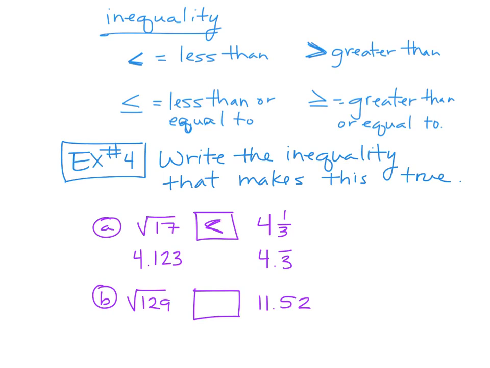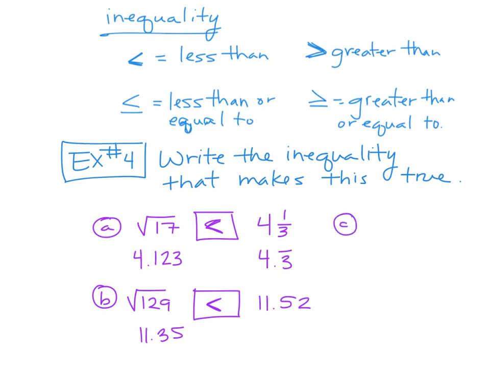So plug it into your calculator. The square root of 129 is 11.35. Okay, what symbol are you going to put between there? Less than again. The square root of 129 is less than 11.52.